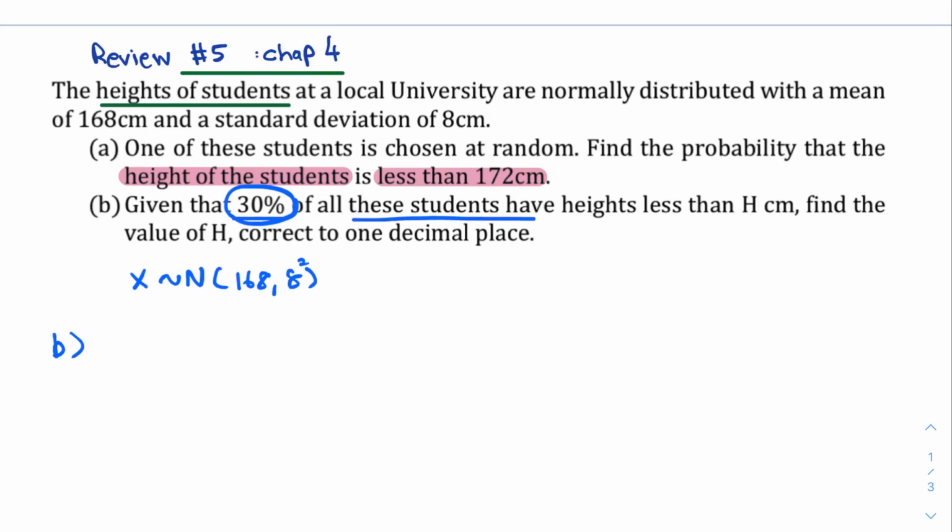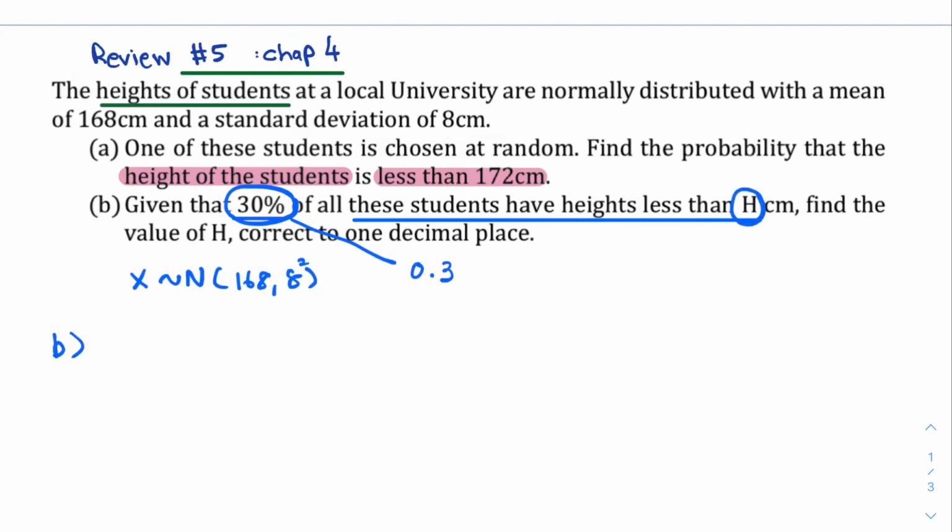Of all these students, have height less than H. So the information given here is that 30% means also probability. From 30% to probability, it will be 0.3.